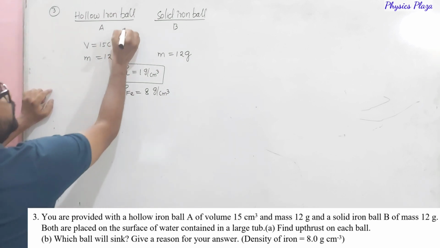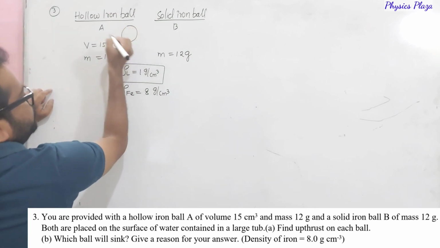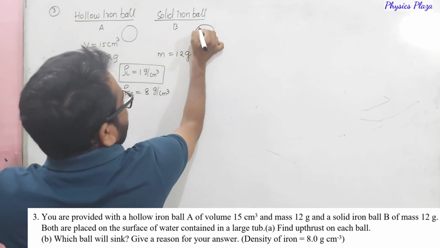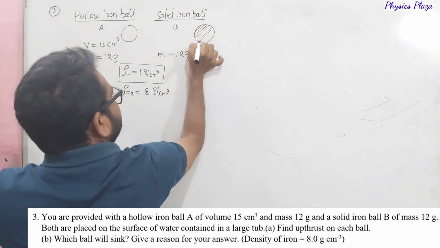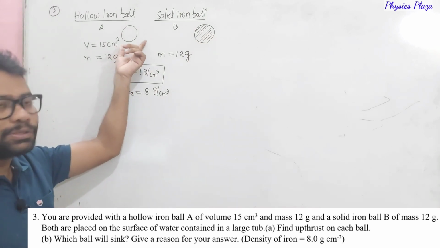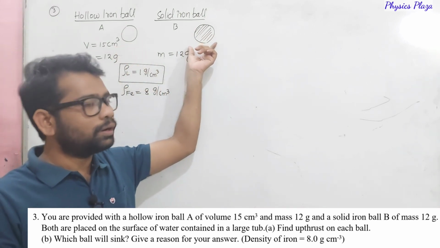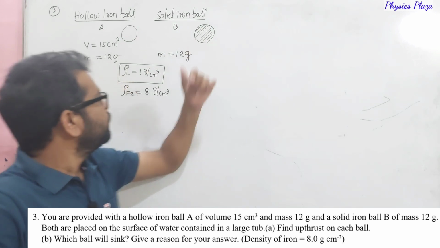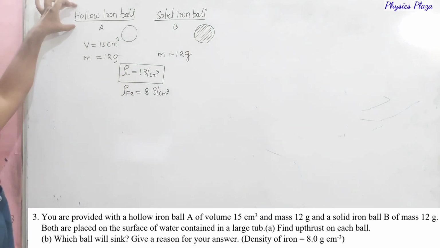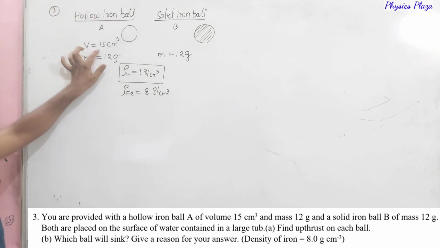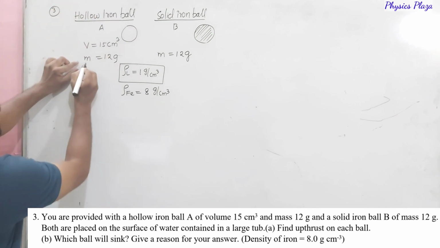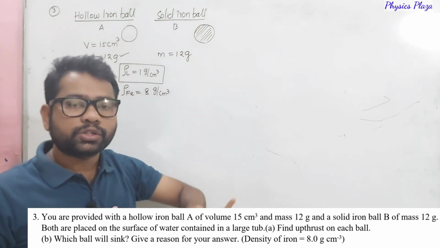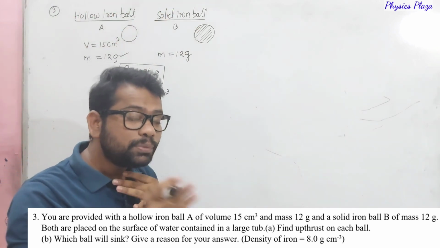Children, hollow means what? Inside it is completely empty. Solid iron ball means it is filled, something like a tennis ball or a cricket ball. It is given that the hollow iron ball's volume is 15 centimeter cube and its mass is given as 12 grams. The solid iron ball's mass is also the same, but its volume is not given.